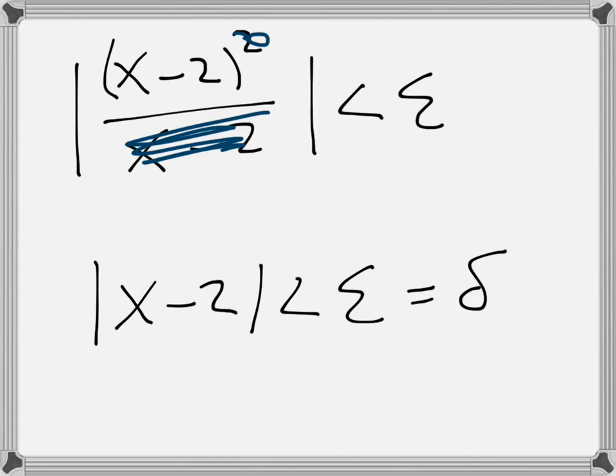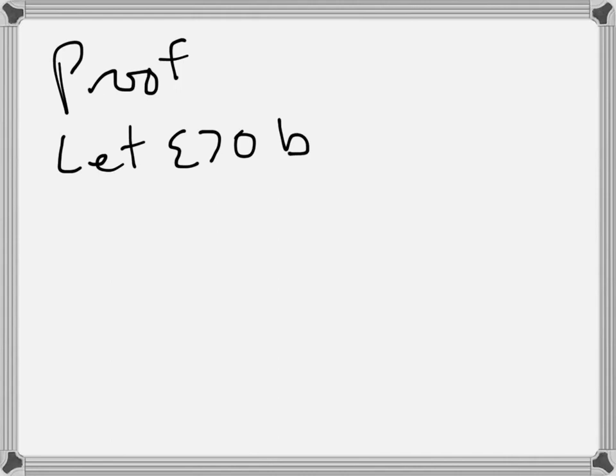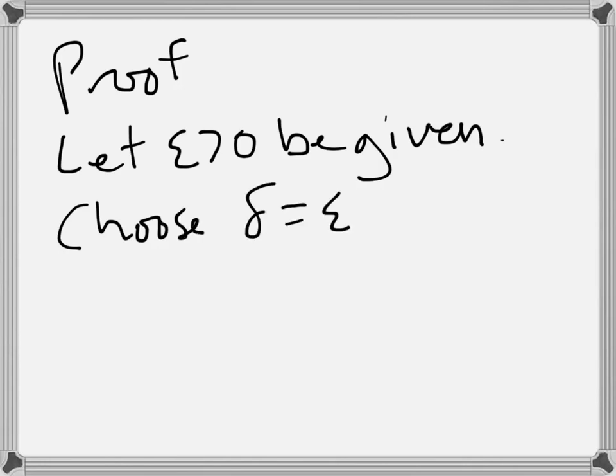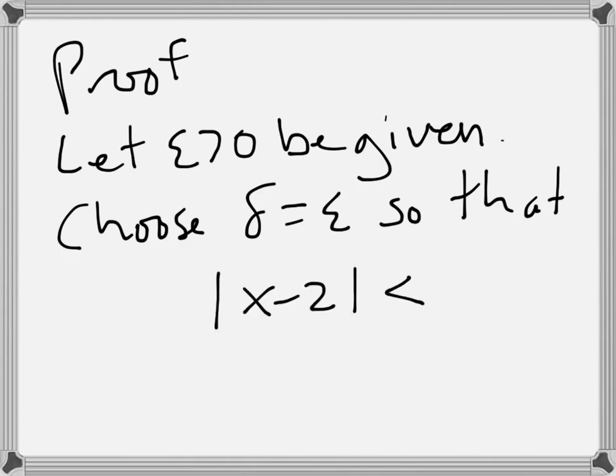Now we go through our proof, and in our proof we need to end up at the point where we have f of x minus L. This will take a bit of work to go backwards. So our proof here is that I begin with epsilon being given, and then I choose delta equal to epsilon so that I can start by saying that x minus 2 is less than delta, or excuse me, is less than epsilon.